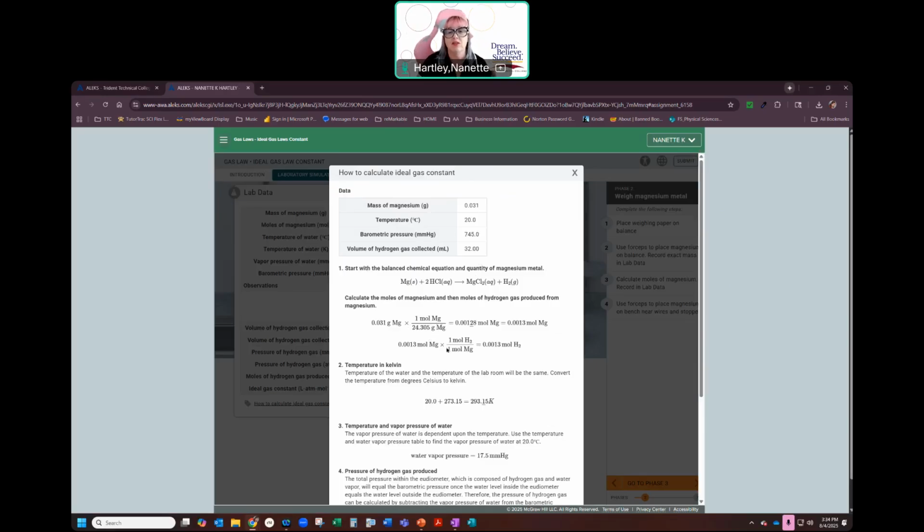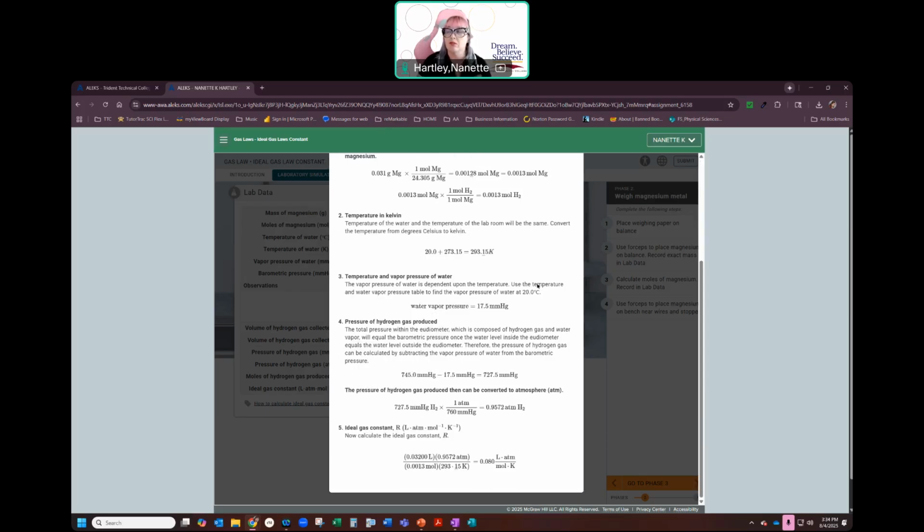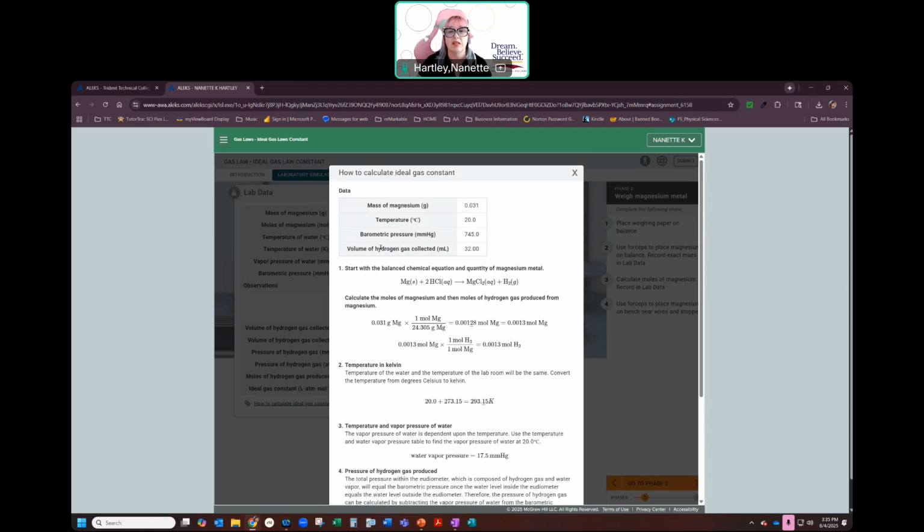So don't forget to look at your resources, okay? These little tags down here have very useful information in them. These are things that I screenshot when I make those notes so that I know how to walk through these calculations. You'll notice that they give you a set of data right here. It's not the data that you will collect, but it's similar to it.